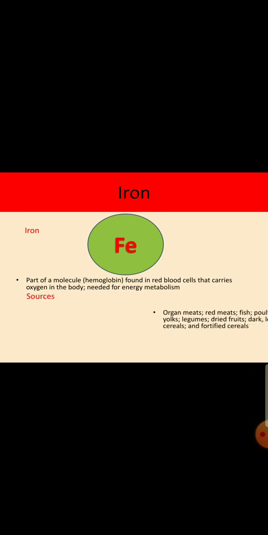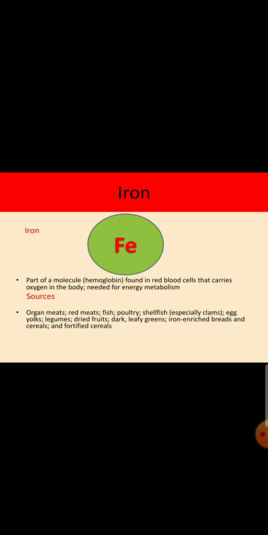The sources: organ meats, red meats, fish, poultry, shellfish, especially clam, eggs, yolk, legumes, dried fruit, dark leafy green vegetables, iron enriched breads and cereals, and fortified cereals.